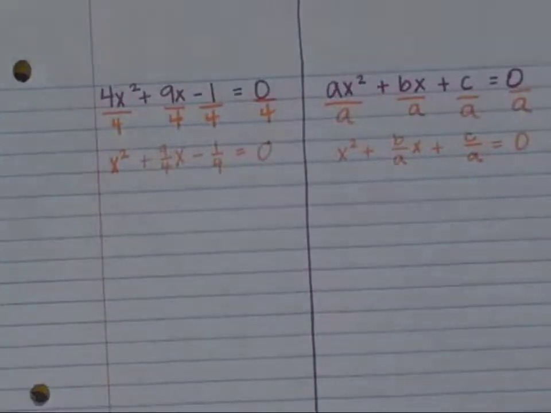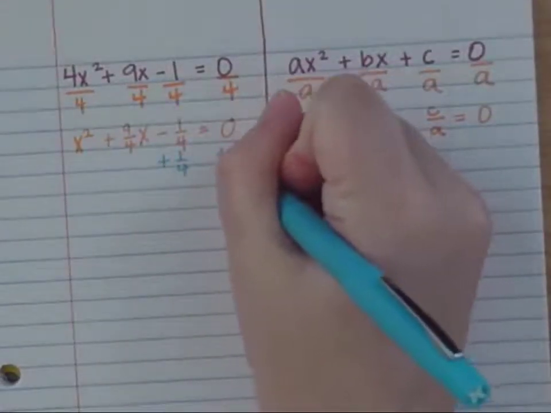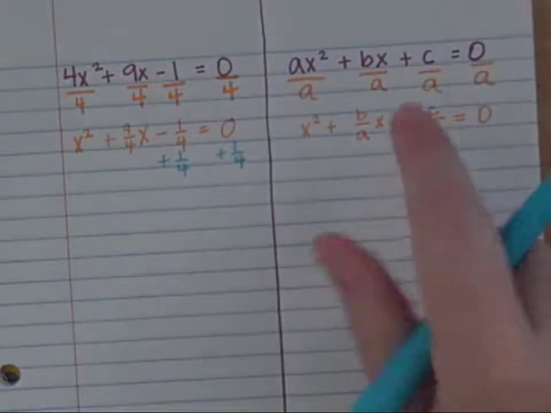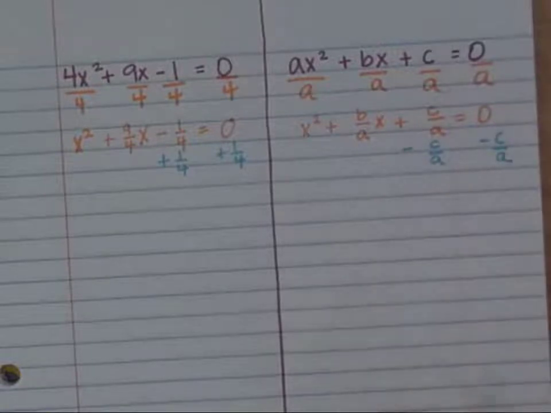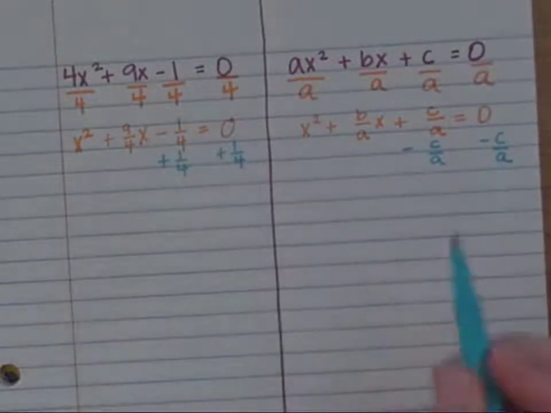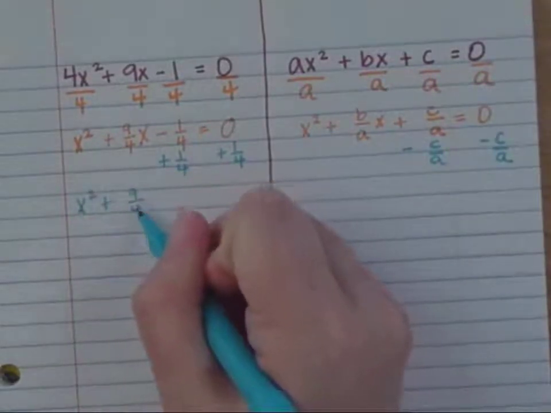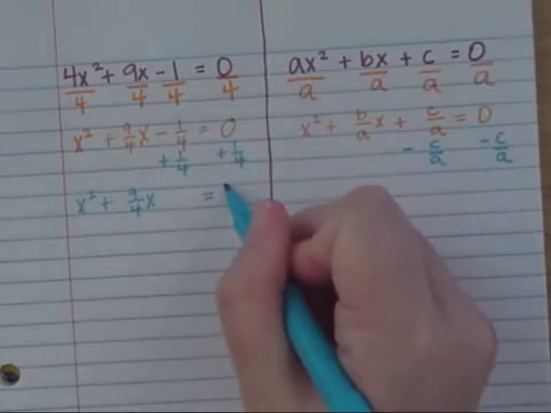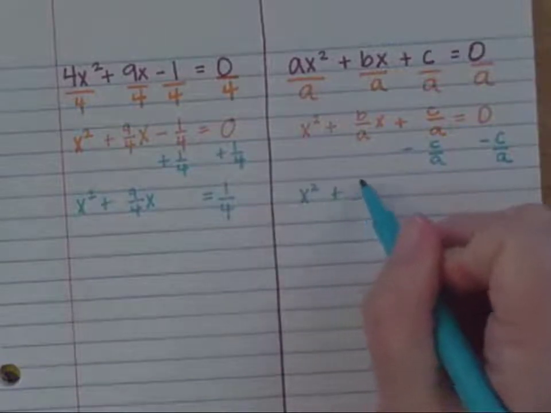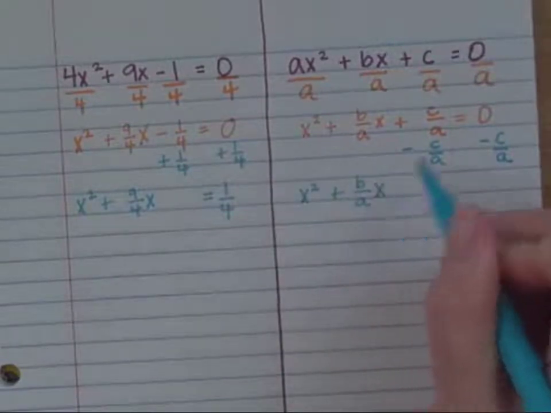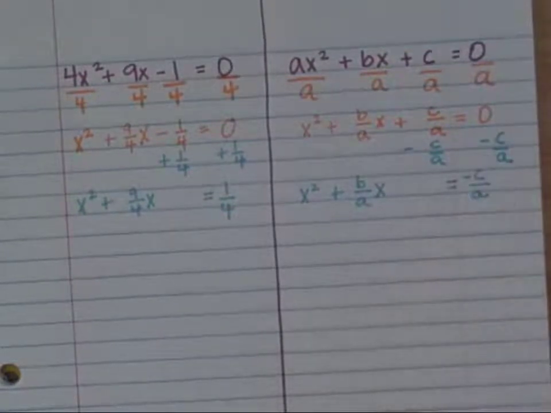In completing the square, my next step is to get this value onto the other side. So I'm going to make sure everything stays lined up. So x squared plus 9/4 x doesn't change. I'm going to leave a little space, and 1/4 goes right here. X squared plus b over a x, and I'm going to leave a little space, equals negative c over a.